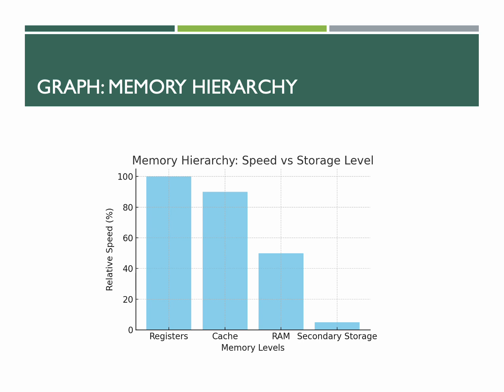Then we have RAM. As seen in the graph, RAM provides a balance between speed and storage. While its speed is lower than cache, it has much greater capacity and serves as the working memory for active processes. And then lastly, secondary storage, which is much slower compared to the other levels.